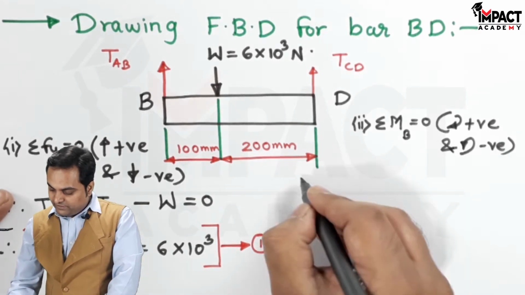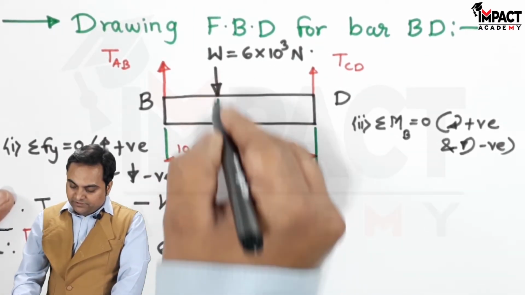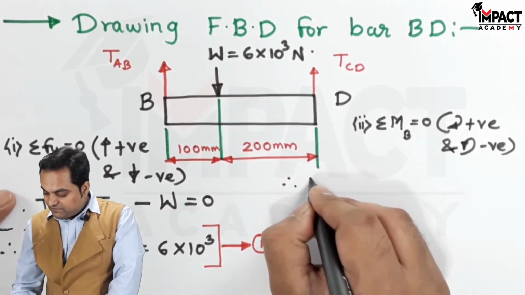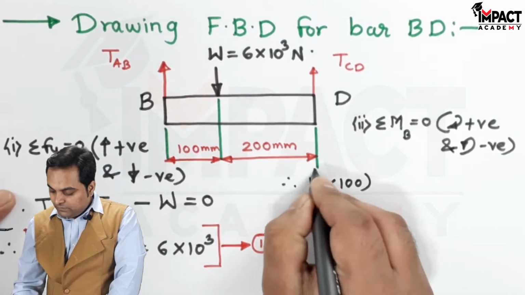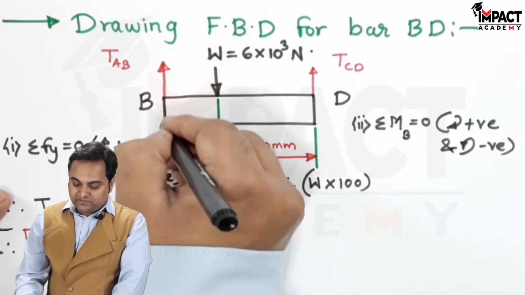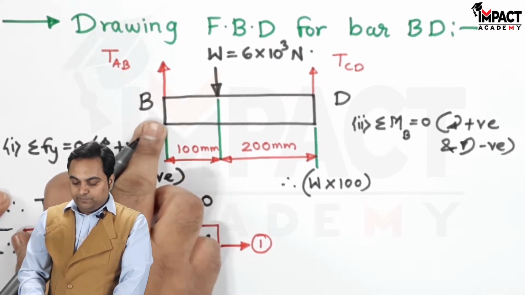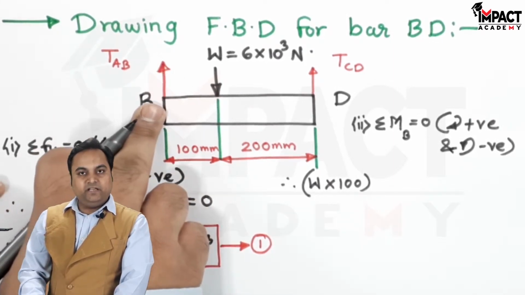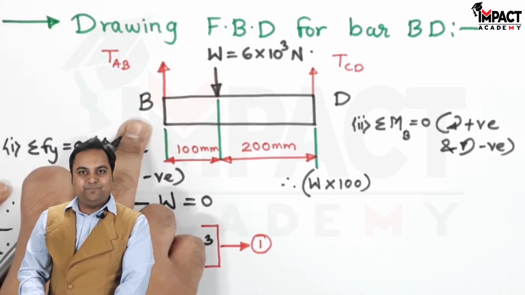So now I am taking clockwise as positive. So W into 100, that is producing a clockwise moment. Next, TAB is passing through the same point, so there is no perpendicular distance between point B and the tension in AB, so its moment would be 0.